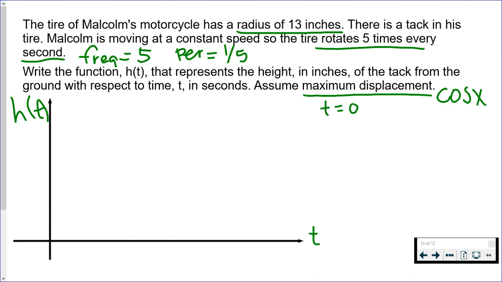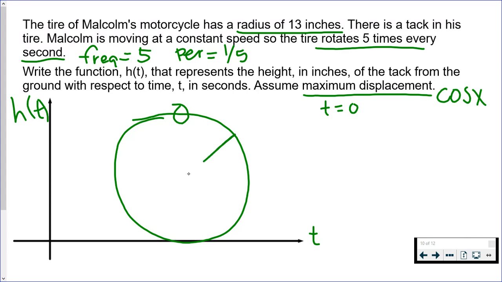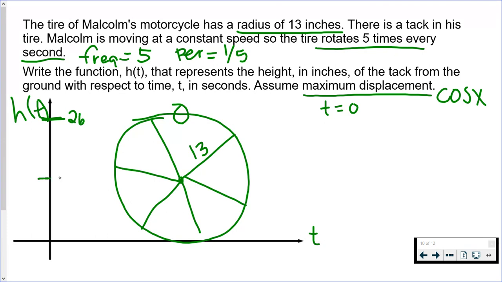So if the tack is starting at the highest possible point on the tire, it's going to be up here somewhere, right? Now with a radius of 13, that's only halfway from the ground to the tack. So that means this tack is way up here at 26 inches. So the center of the tire would be 13 inches.